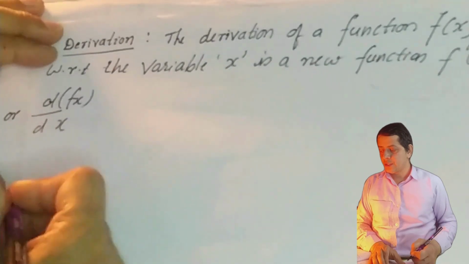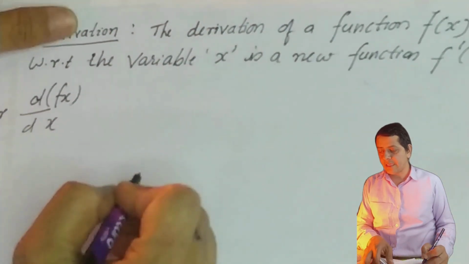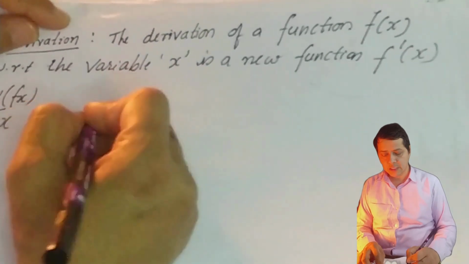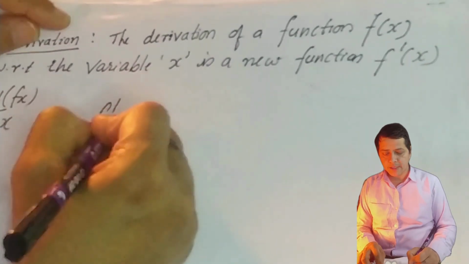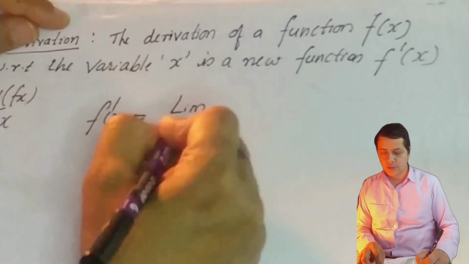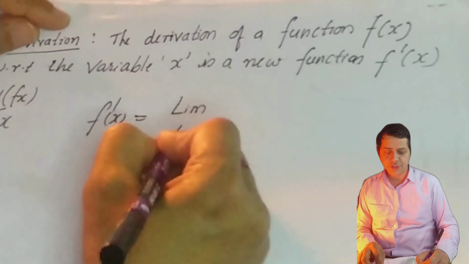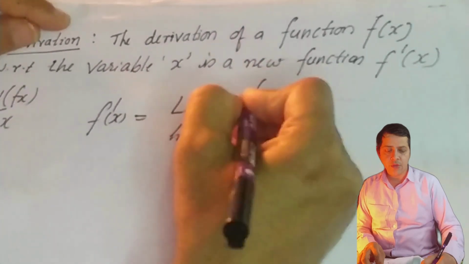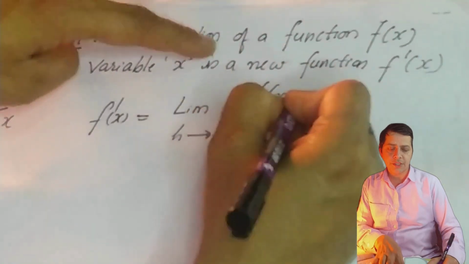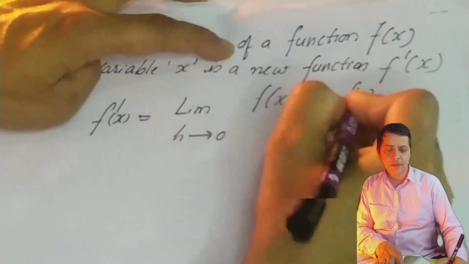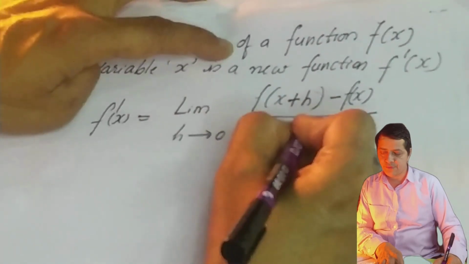Okay, so now whose value at x is given, that is, we get f prime x is equal to limit as h tends to 0 of f(x plus h) minus f(x), divided by h.